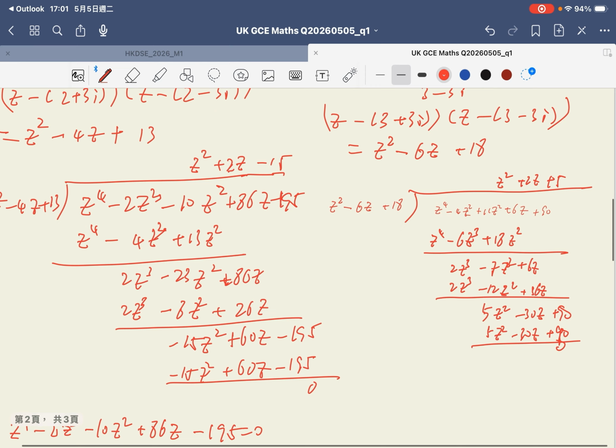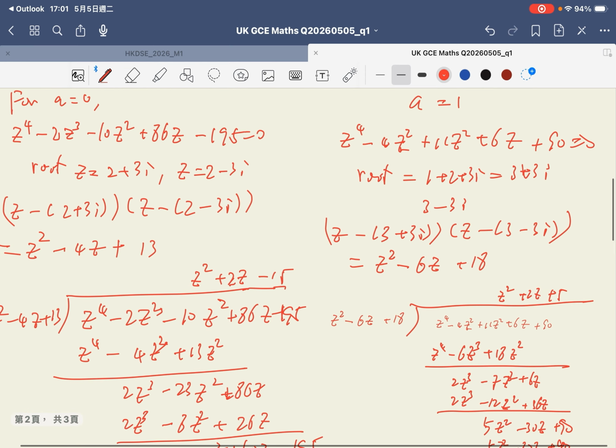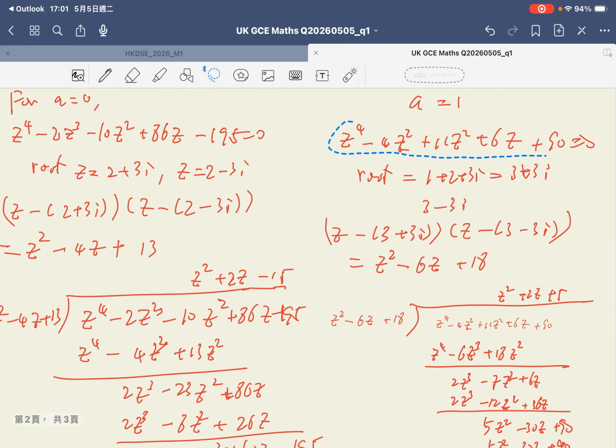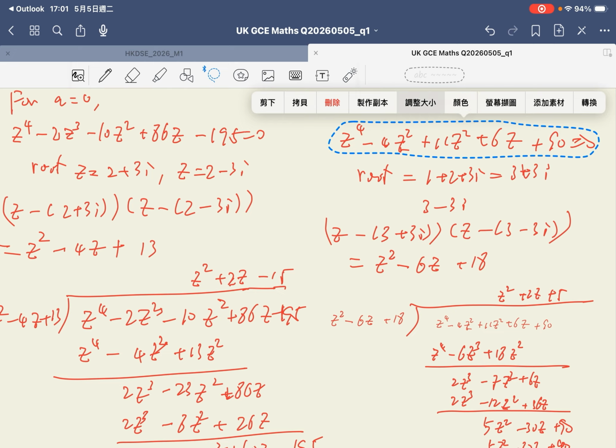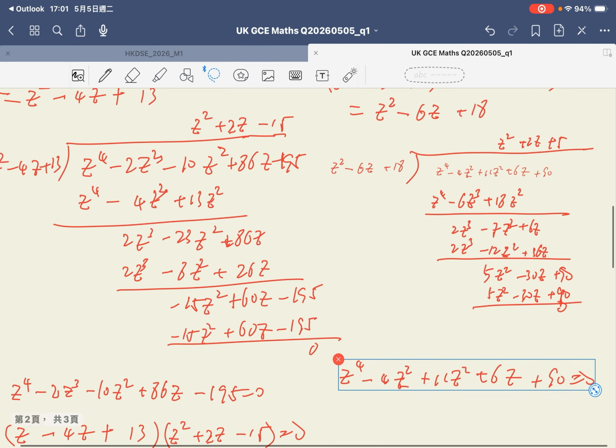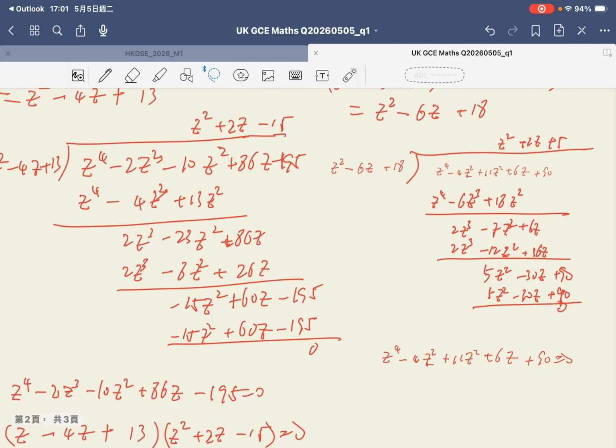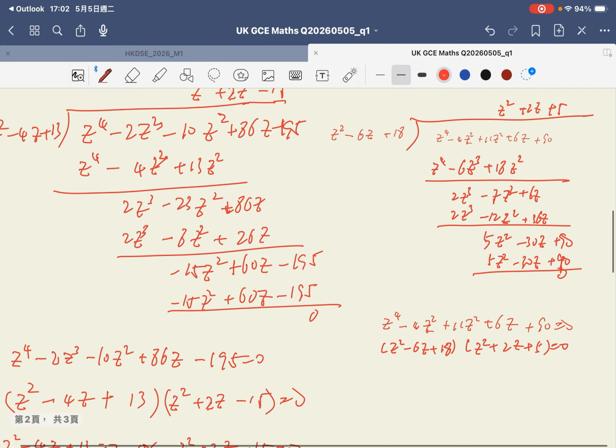Yes, done. Then it means this degree 4 polynomial equation can be factorized into two parts. One part is z squared minus 6z plus 18, and then times z squared plus 2z plus 5 equal to 0.